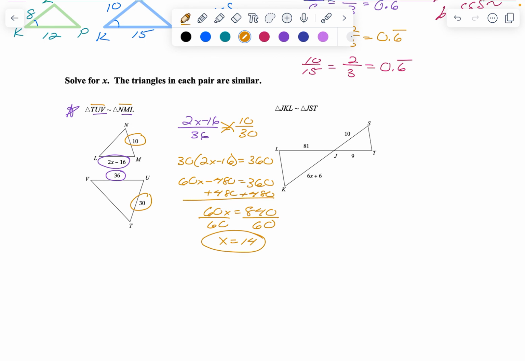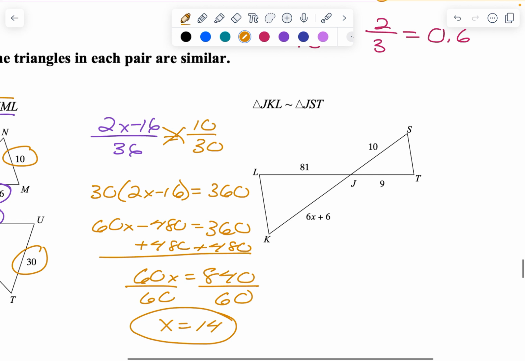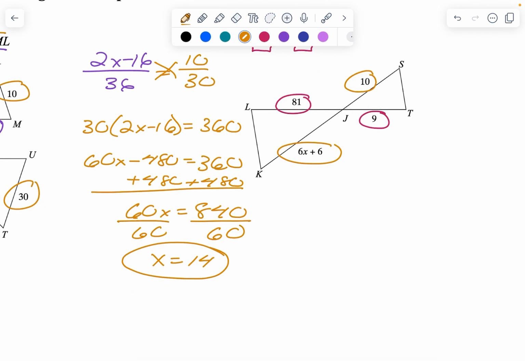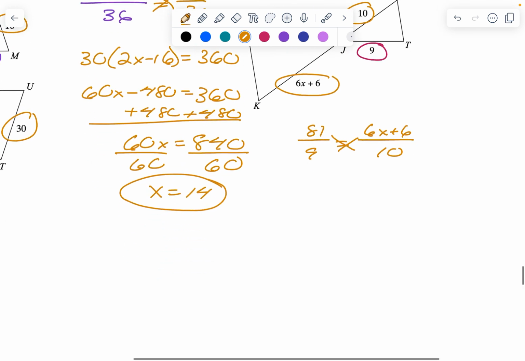All right, and then same thing over here. Let's see, LJ goes with JT, and then this goes with this. So if we do big over small, it doesn't matter, so 81 over 9 is equal to 6x plus 6 over 10. So 9 times 6x plus 6 is equal to 810.